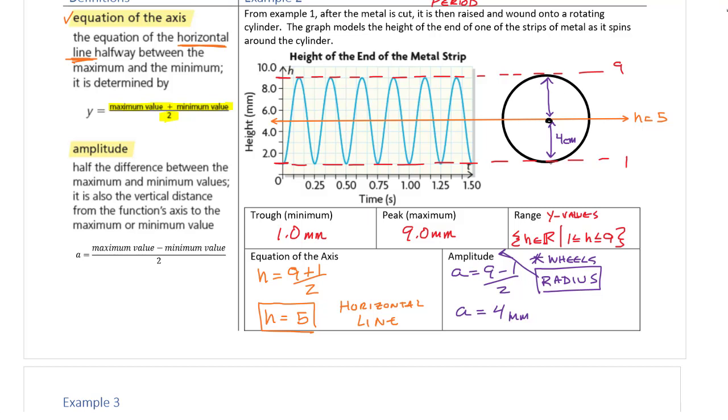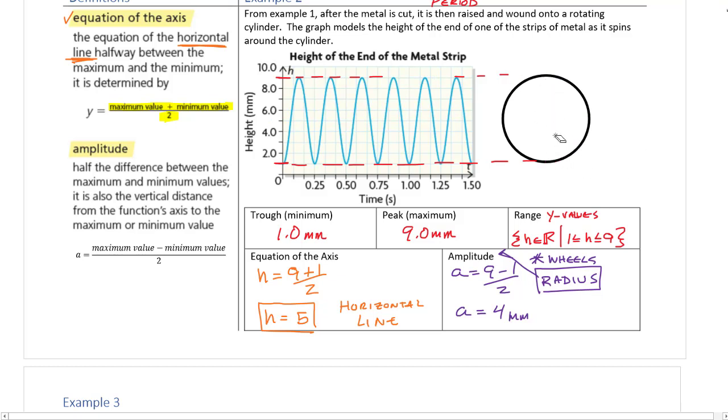So think about it. Let's just think of a point on this graph. I'm going to start there at the bottom. Okay, and let's think as it rotates around. You know what? I'm going to get rid of a lot of this extra stuff here too before I get into this. Let's just erase this and just think of this wheel again. Okay, so we got our wheel. There's the middle of it right here, and it's rotating. So let's just say it's rotating this way right here, right? So let's start here, and we're going to start rotating this way.